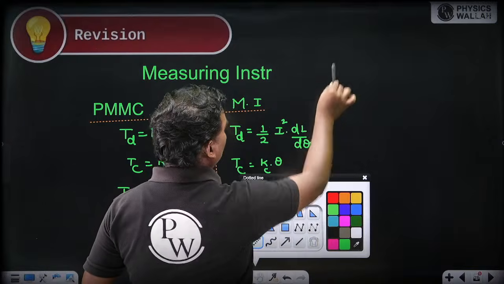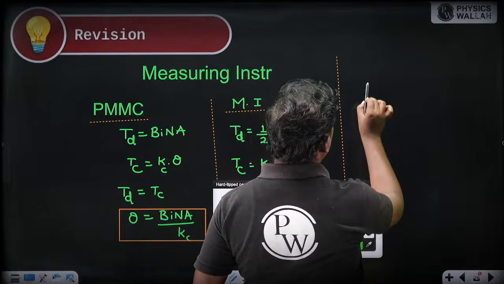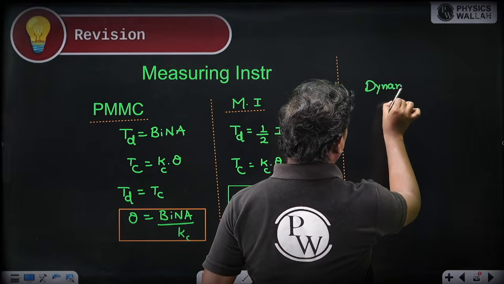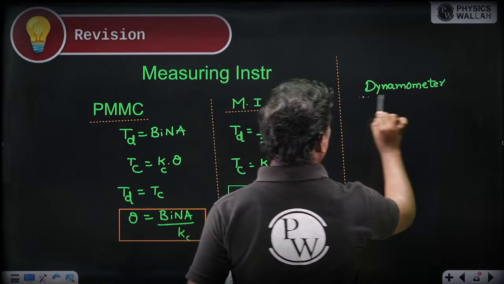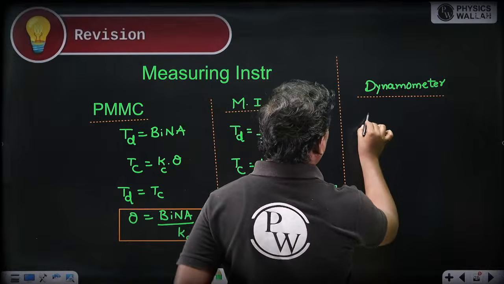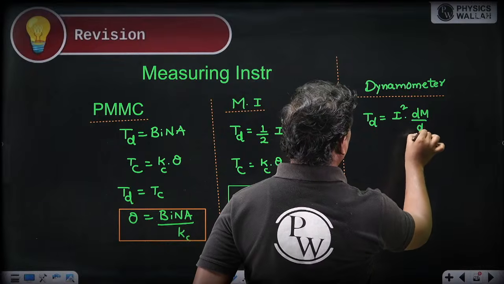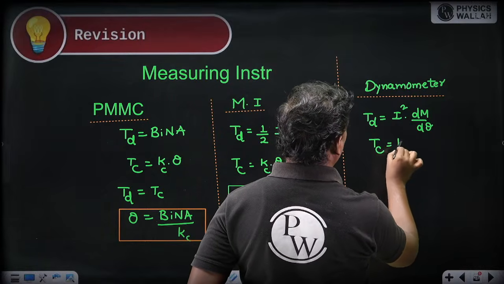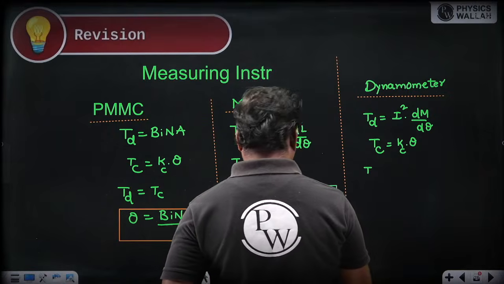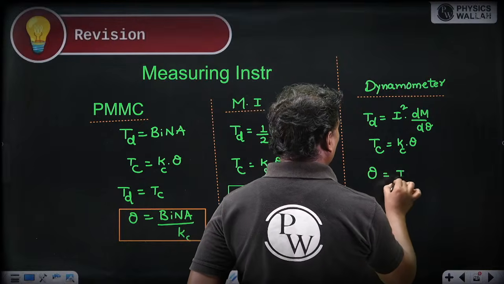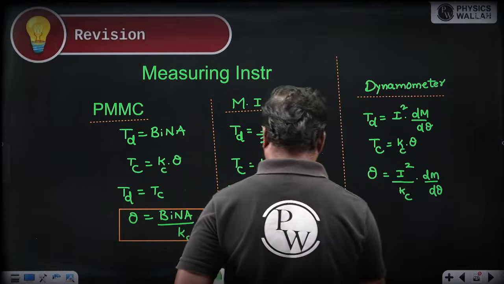Next comes the dynamometer. If you see the dynamometer, the deflection torque is equal to I square dM by d theta, the controlling torque is equal to Kc theta. So at steady state, theta is proportional to I square by Kc into dM by d theta.